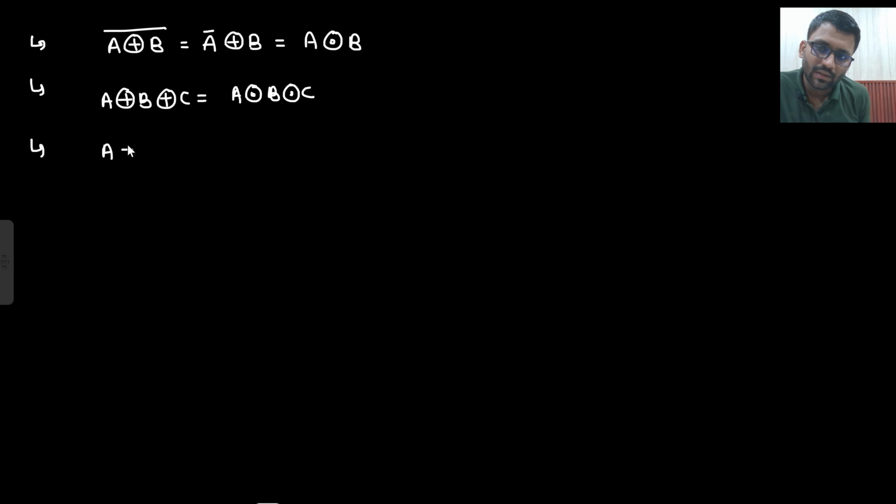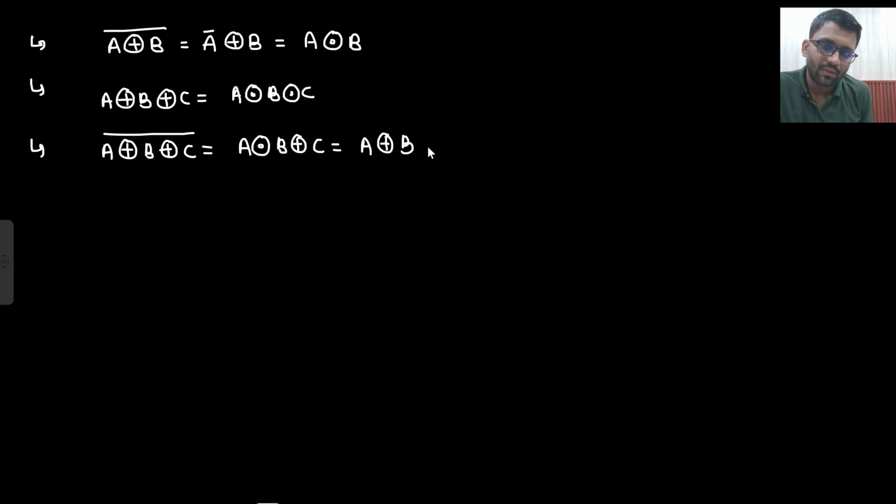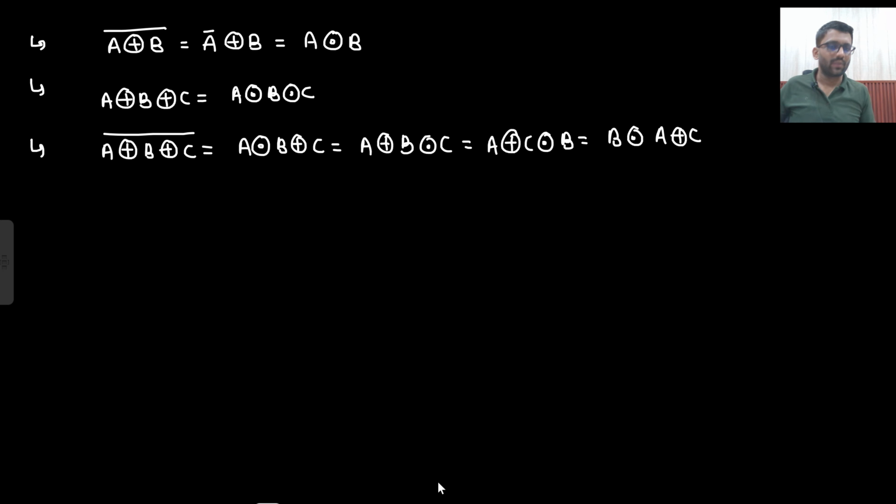Bar of this, if I take bar of this, that means any of them can be replaced with dot and can move around. One is dot, one is plus, and it can move around. Between B and C is there, A and B is there, between A and C also it could be there. B can come in starting, then between A and C it could be there. So basically it can move around.